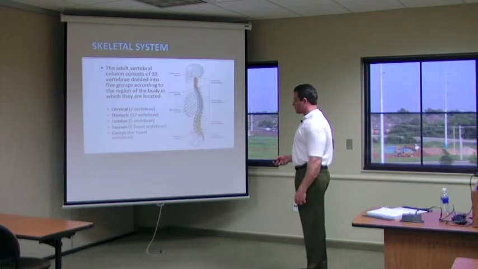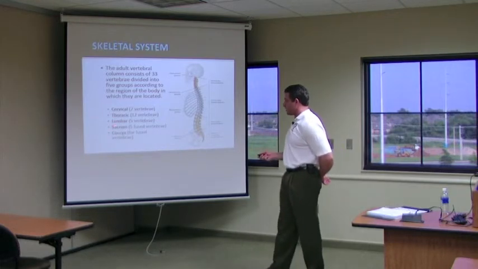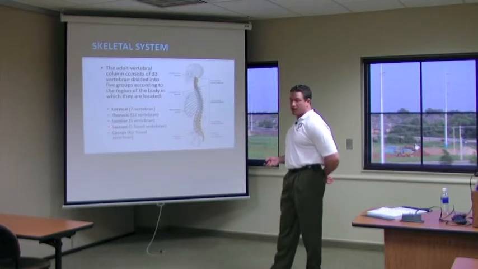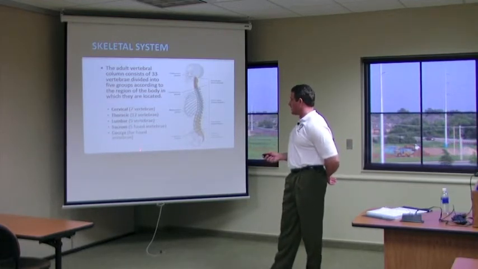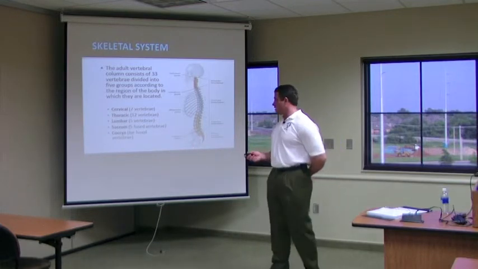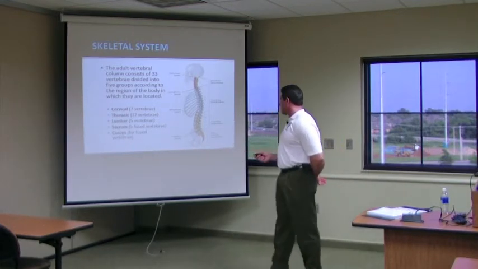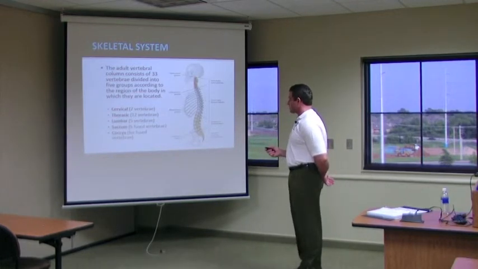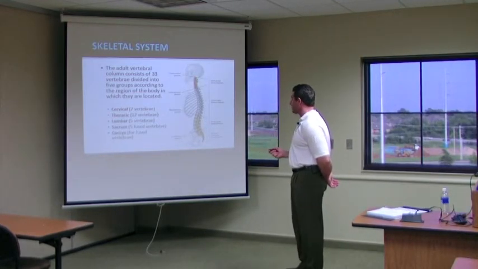You see a lot of injuries there, where the lumbar and sacrum connect. A lot of lower back injuries originate in that area. And then your coccyx, which is your tailbone, in other words, and they are fused vertebrae. So be familiar with these 5 sections of the skeletal system in terms of the axial skeleton.